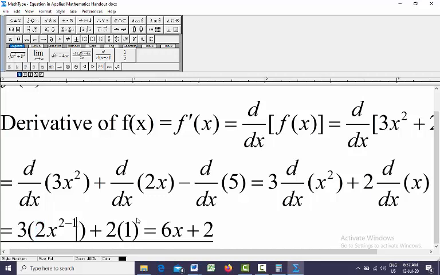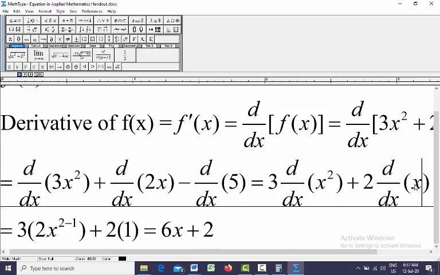See, the power was 2, and from that 2 we deduct 1. And here we have only 1x, so we are doing differentiation of x with respect to x. That means the answer is 1.